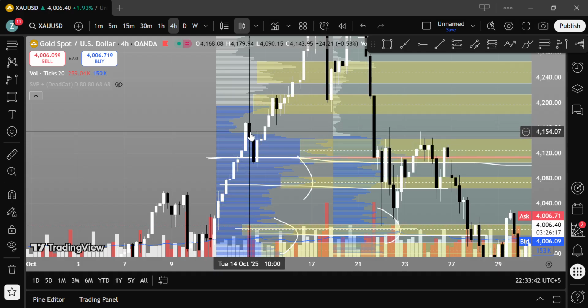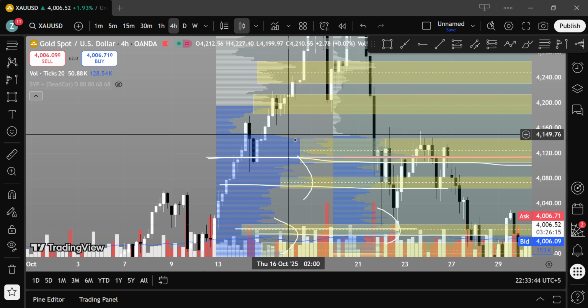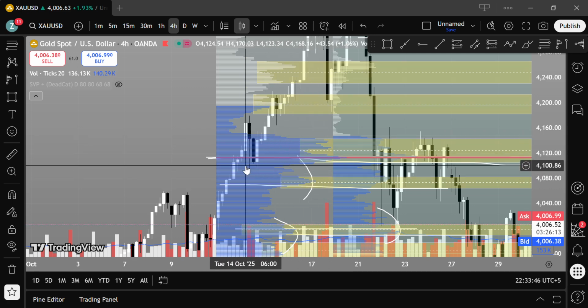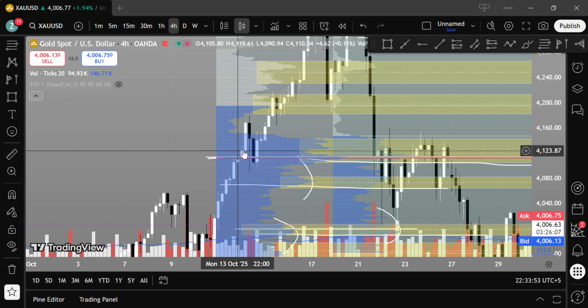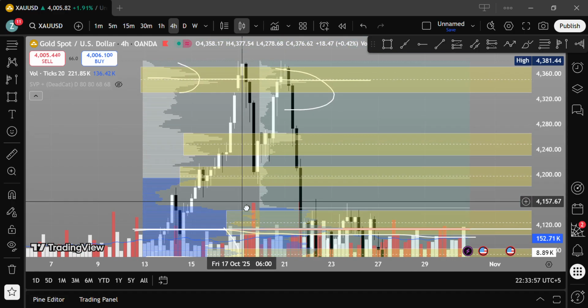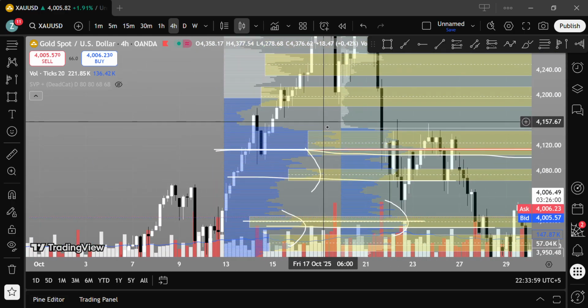Now, if you notice, the volume profile points to this area as the point of control. So what does it indicate? It indicates that most of the volume of this whole 10-day period happened here. What caused this?